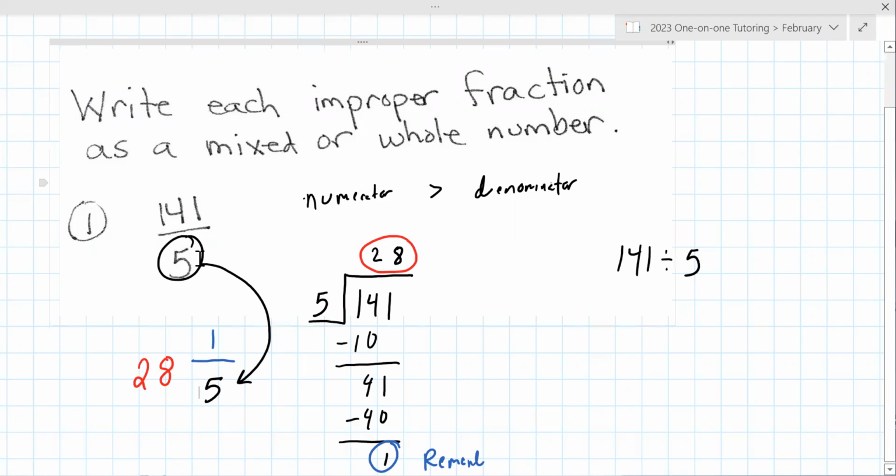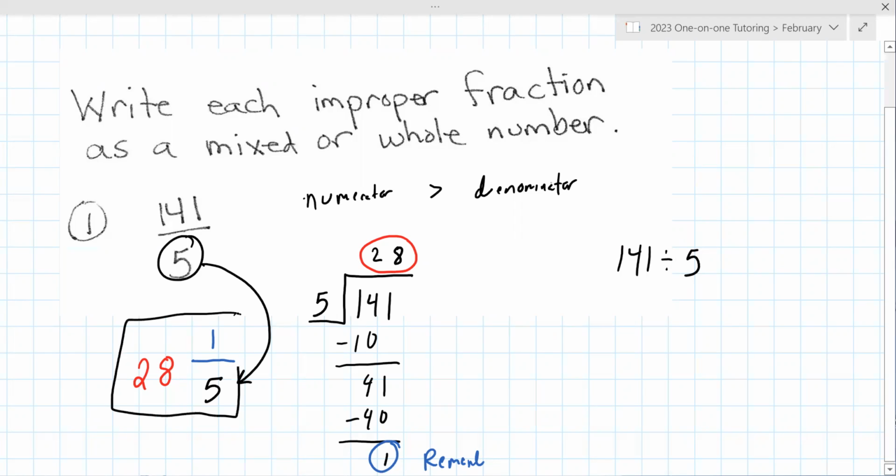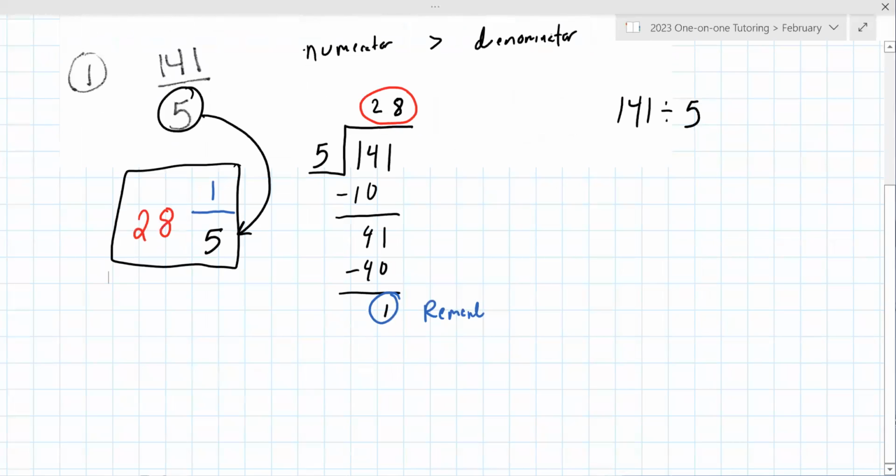So the number on the bottom of the fraction goes on the outside of the division. You figure out the whole number up top, and you need the remainder. So your answer is 28 1/5. This is a mixed number. What you're mixing is a whole number and a fraction. That's what you're mixing.